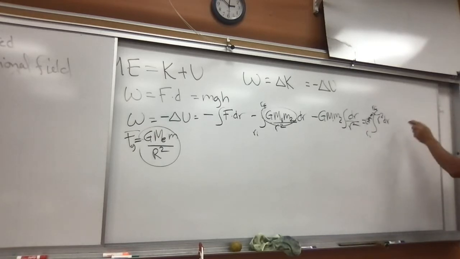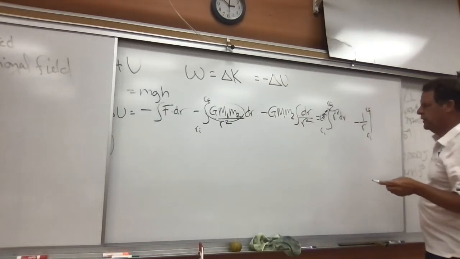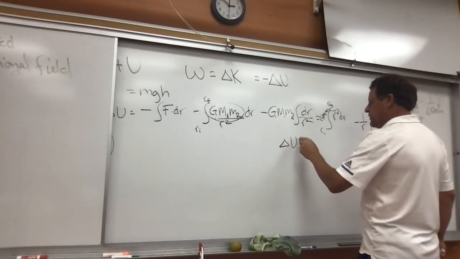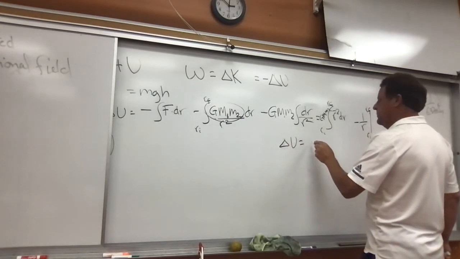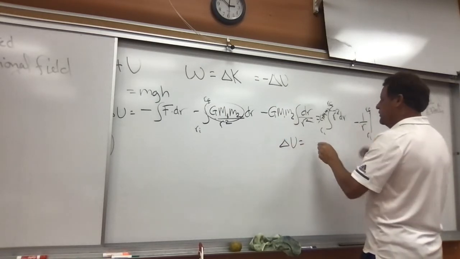If we do the integral, that's going to be negative 1 over r, and we evaluate that from r initial to r final. As we come back here, the change in potential energy is this negative times this negative, which turns into a positive.